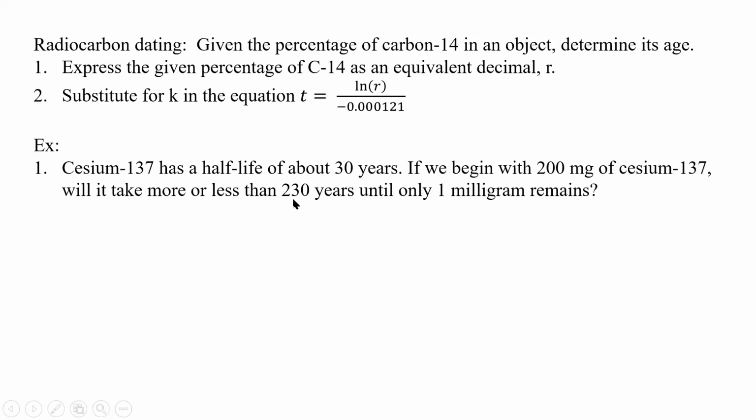All right, radiocarbon dating. This is using carbon 14. This is a special thing that scientists use to date things that have carbon in them, like wood or bone. So we can use carbon 14 dating to do that. What we're going to do is express the given percent of carbon 14 as an equivalent decimal.